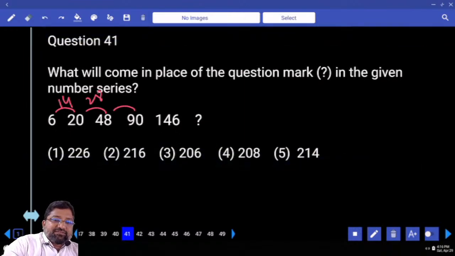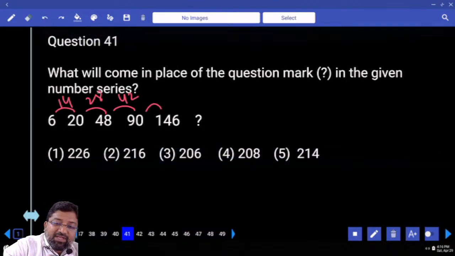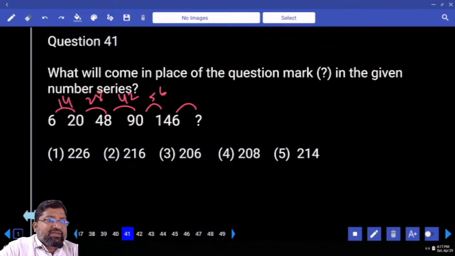Next, 42. Then 56. What did we understand? Multiples of 14: 14 1s, 14 2s, 14 3s, 14 4s, 14 5s. How much is that? 70.